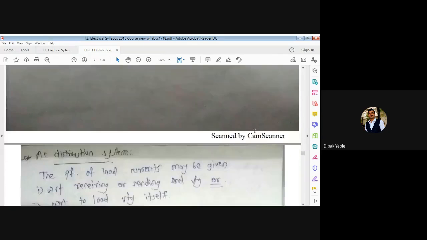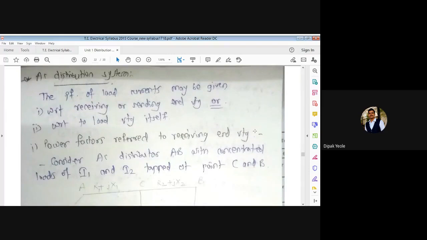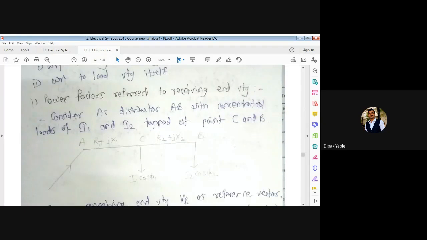The next topic is the AC distribution system. आता तुमचं डिफिकल्टी पार्ट सुरू झाला बरं. Power factor referred to receiving end. So we have to draw the diagram. This is the incoming. So incoming चा symbol दिसत असेल तुम्हाला A, C and B. At C point there is I1 cos phi 1 and at B point there is I2 cos phi 2.